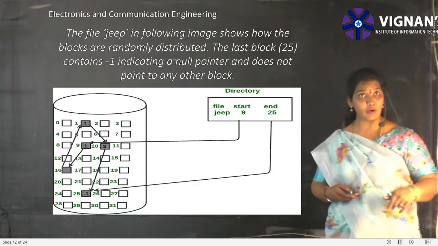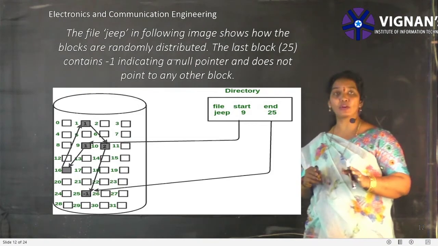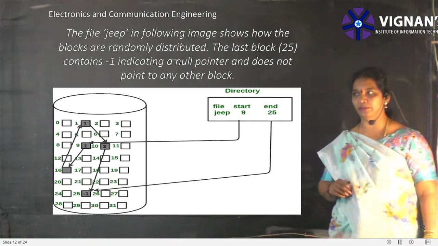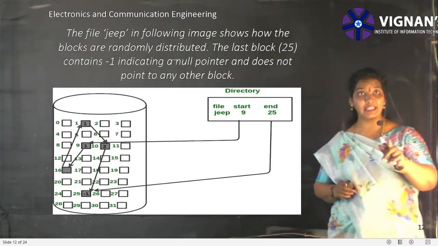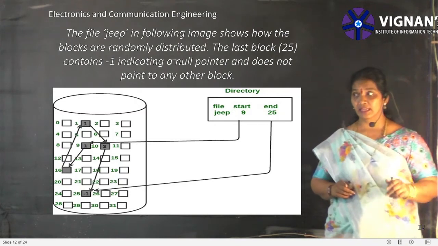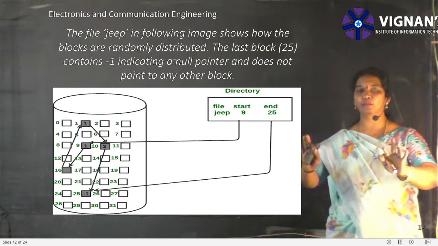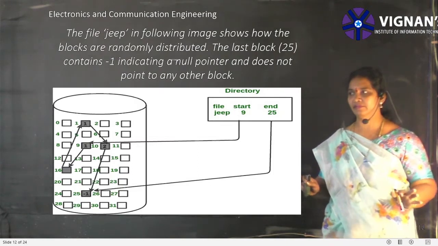So it can point to any of the locations. The file jeep in the following image shows how the blocks are randomly distributed. The last block 25 contains -1, indicating a null pointer, and does not point to any other location. That is, it is the end.